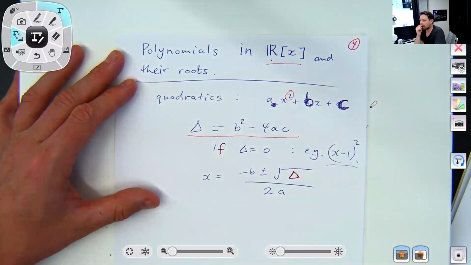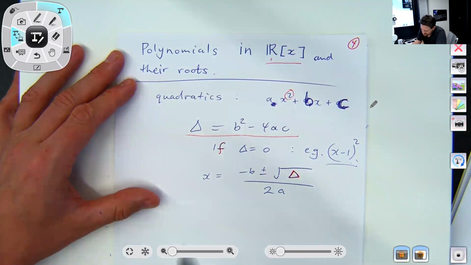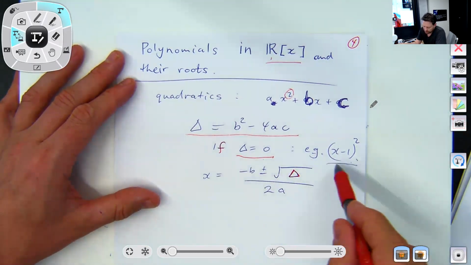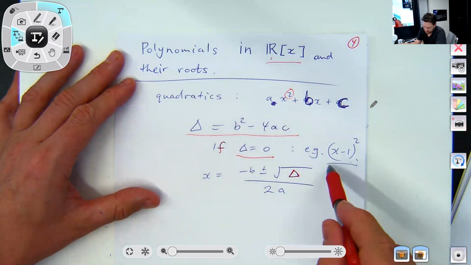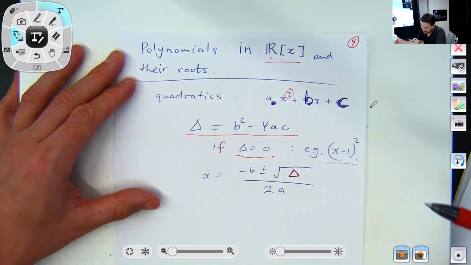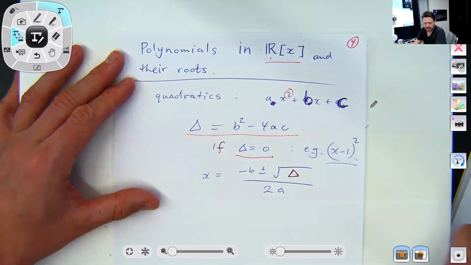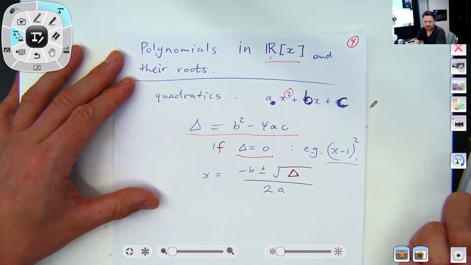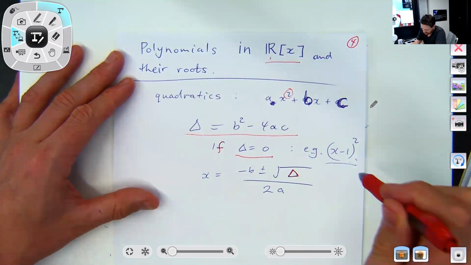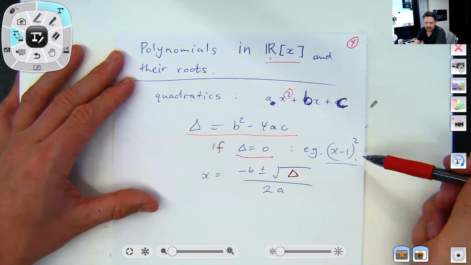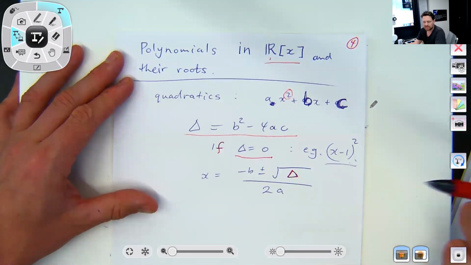Okay, so now if you had discriminant equal to 0, you would get, for example, this polynomial here, x minus 1 all squared. Once you expand it and calculate the discriminant, you'll find that that discriminant is equal to 0. And we can see that in the way it's written here, x minus 1 all squared, because that root is what we say repeated.